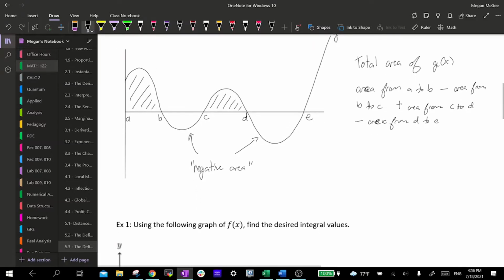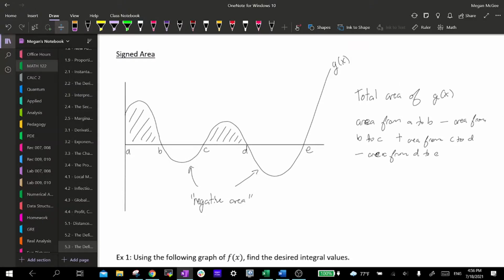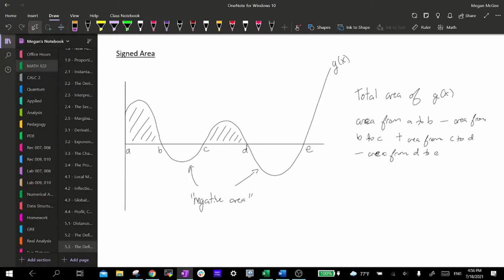So if we actually wanted to know the total area enclosed, so this is the total area where we add and subtract, okay? But if we wanted to know the absolute value of the area, so if we wanted, let's say, to tally all of the area enclosed, basically no matter if it was positive or negative.